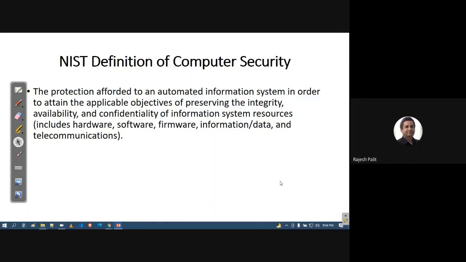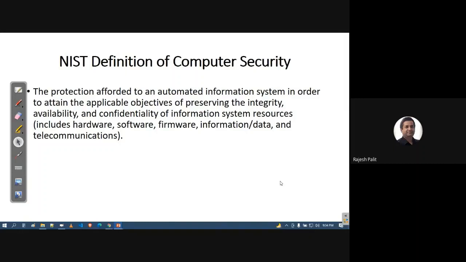So the protection afforded to an automated information system, that means the security measures or protective measures we take for the computer in order to attain applicable objectives.